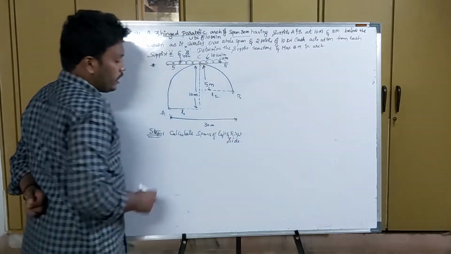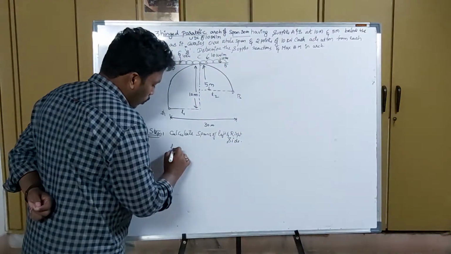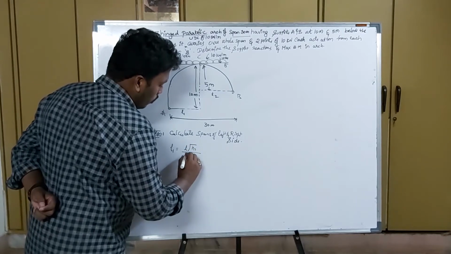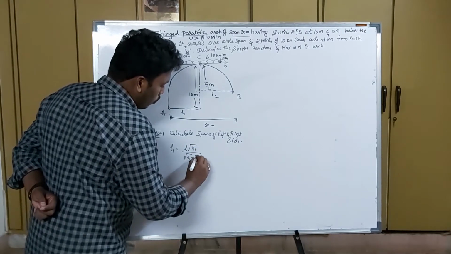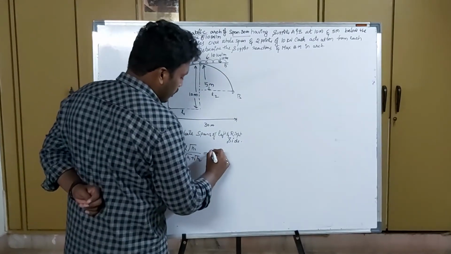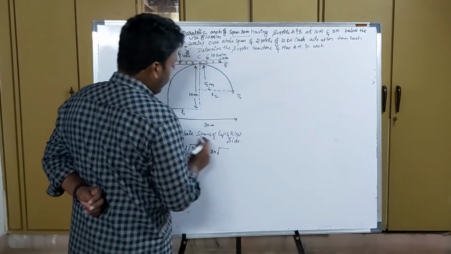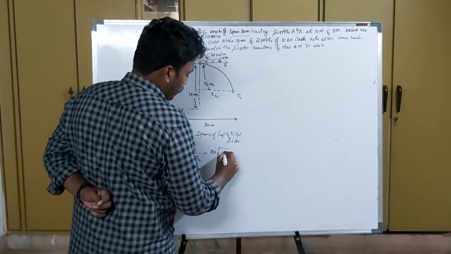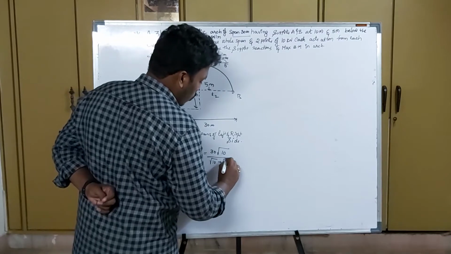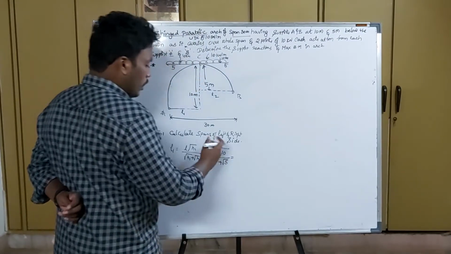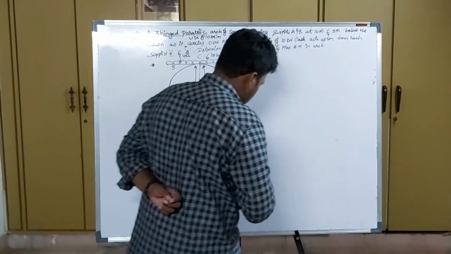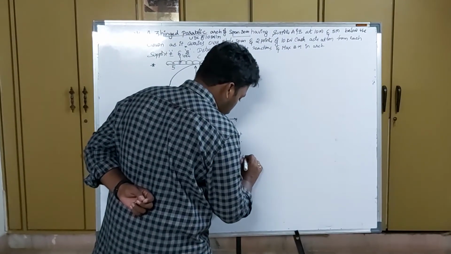So we know the equations as L1 is equal to L into root H1 by root H1 plus root H2, where L whole span is 30 and root of H1 is 10 divided by root of 10 plus root 5. From this equation we know the value of L1, where L1 is equal to 17.6 meters.